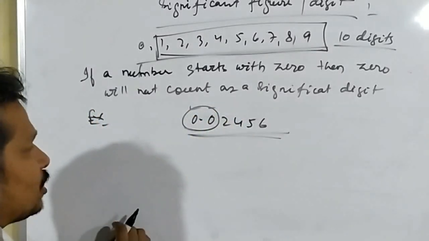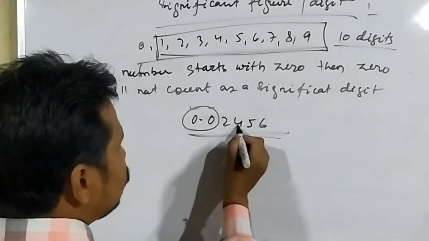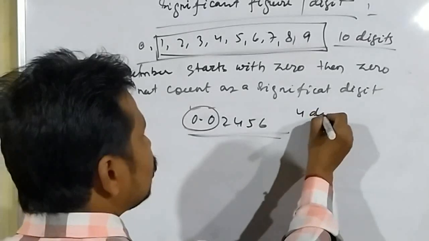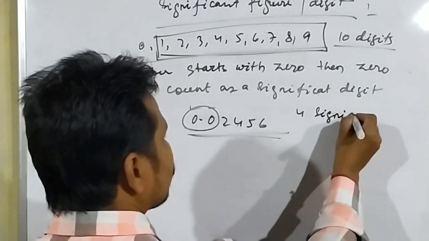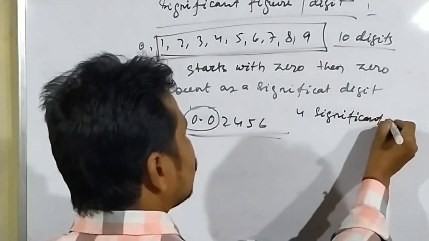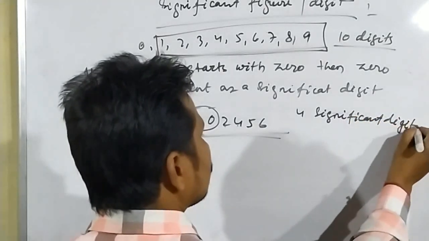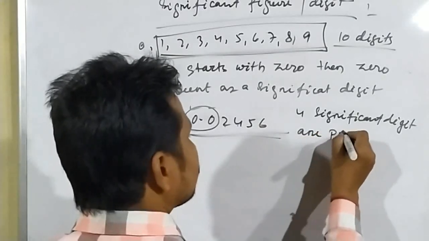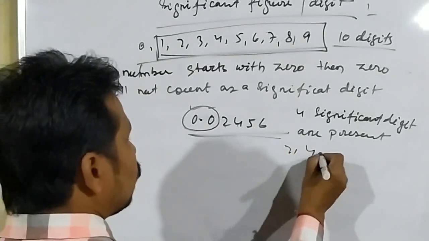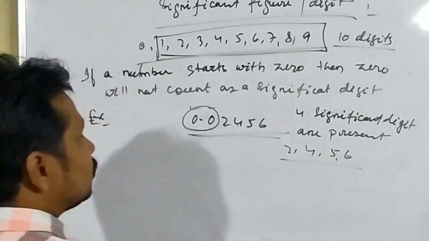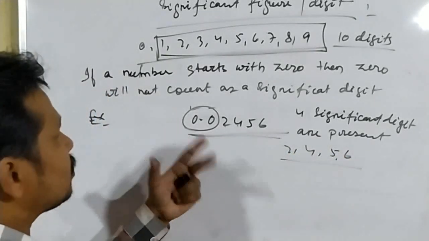How many significant digits are present in this number? 1, 2, 3, 4. 4 significant digits are present. What are those? 2, 4, 5 and 6. These are the significant digits present in this number.